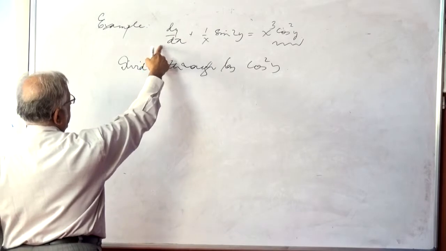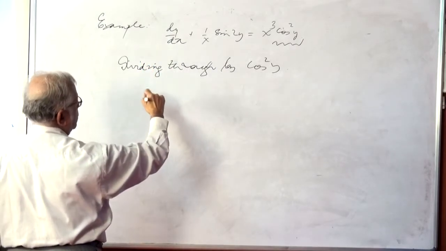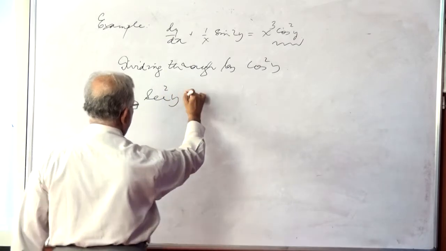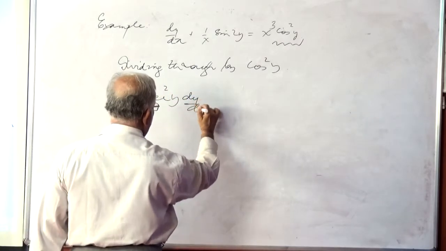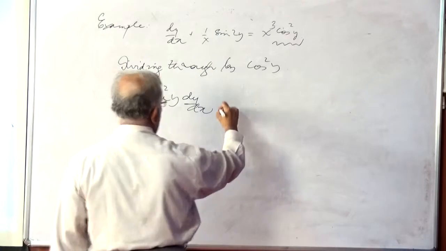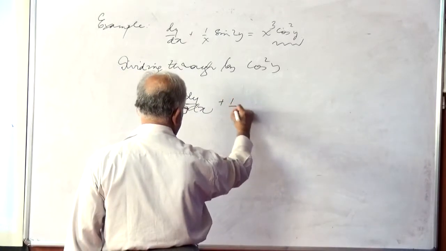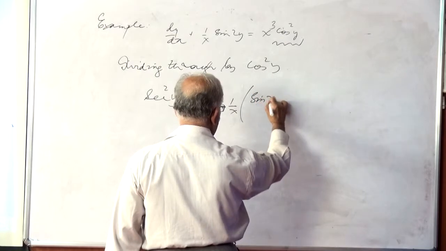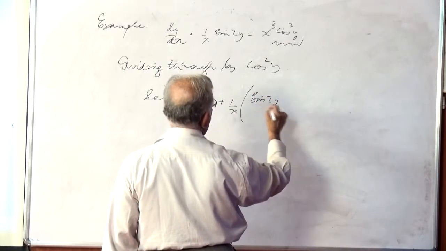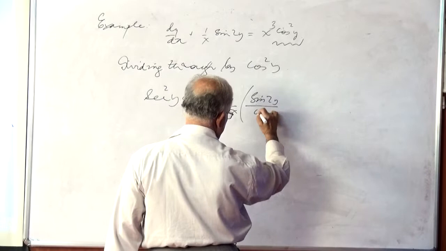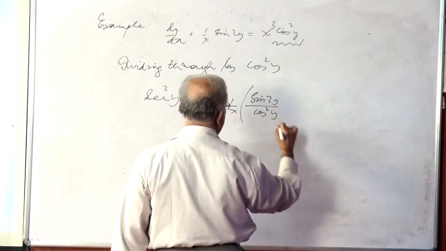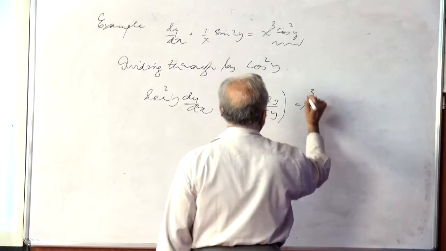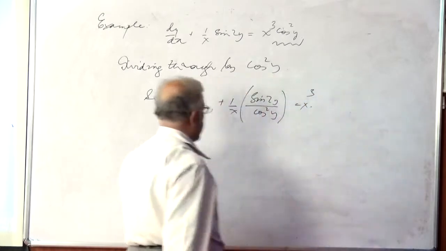1 over cos square y dy dx, that is sec square y dy dx, plus 1 by x sine 2y over cos square y is equal to x cubed into 1, of course.